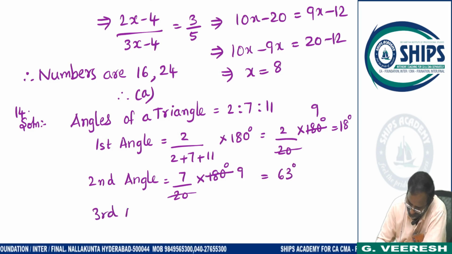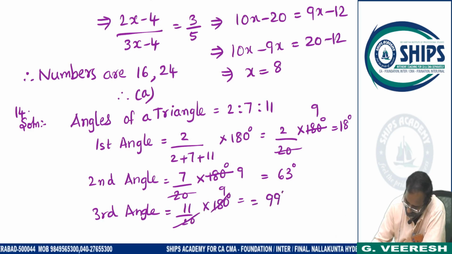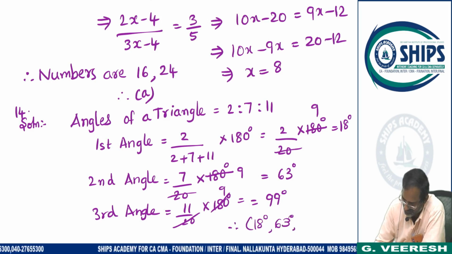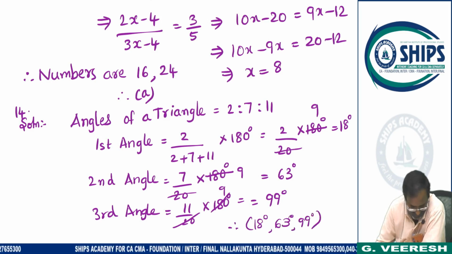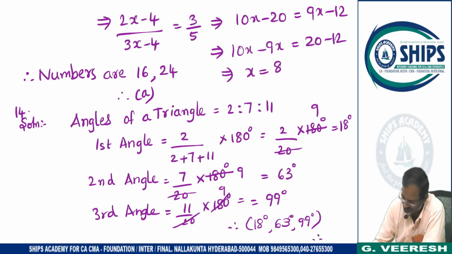Third angle, 11 by 20 into 180, it is 99. So it will be 18, 63, 99. So which option?